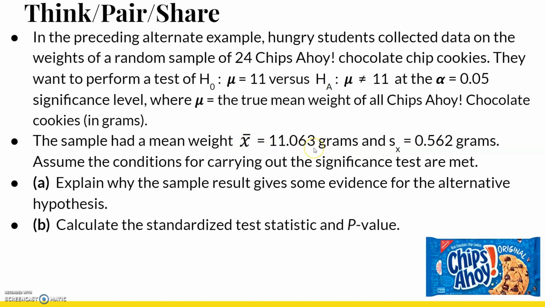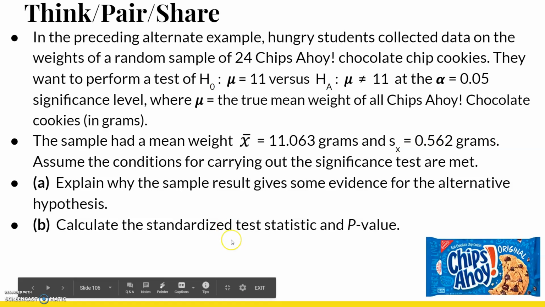So the students and their 24 cookies got this sample weight and this sample standard deviation. We checked the conditions earlier, so we're going to assume that they're met. Why does the sample result give some evidence for the alternative hypothesis? And then we're going to calculate the standardized test statistic. So pause the video for a second and try it out.